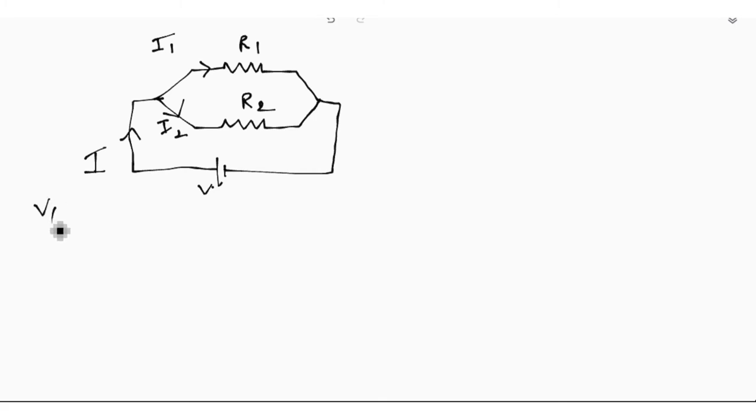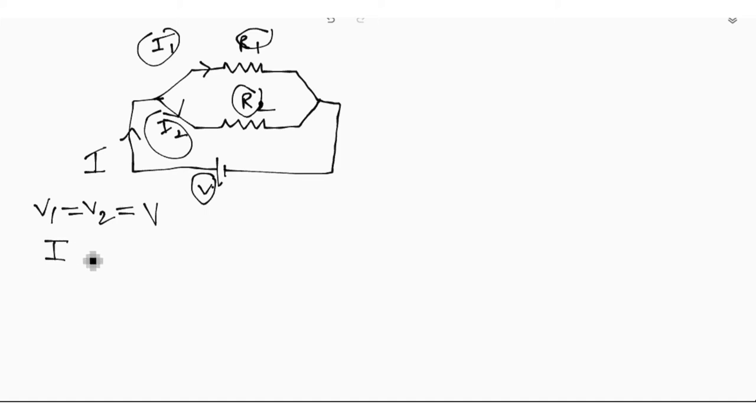That is, V1 is equal to V2 is equal to V. The same potential difference is applied across R1 and R2. But the current does not remain the same. You can see that the current I divides into I1 and I2. I1 is the current flowing through the resistor R1 and I2 is the current flowing through the resistor R2. So the total current I is equal to I1 plus I2.